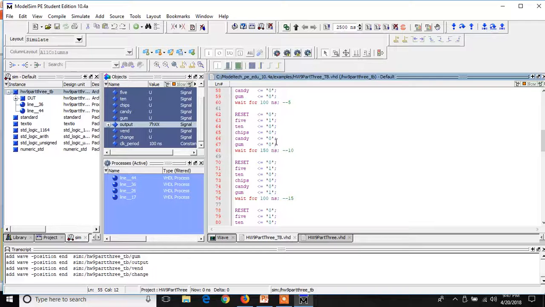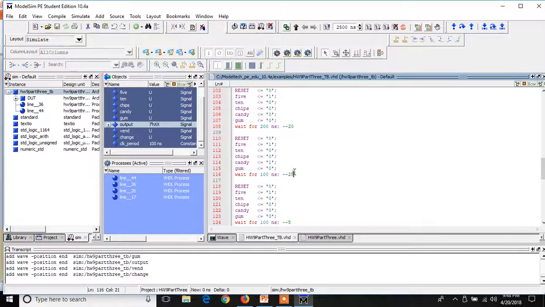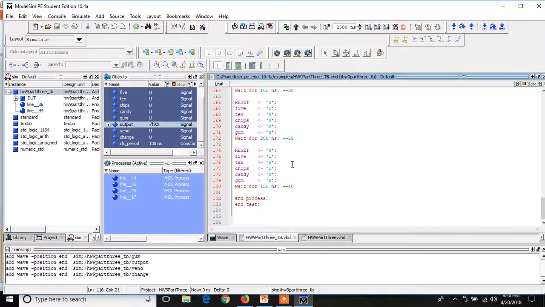I insert 5 cents again, which makes it 10, 5 cents again, 15, and then basically it's going to reset here, and then it's going to start over for 5 cents, and then 5 cents again, 5 cents again, 5 cents again, and then at 25 cents, candy is 1, so it's going to dispense candy. It does the same for gum and candy and chips.